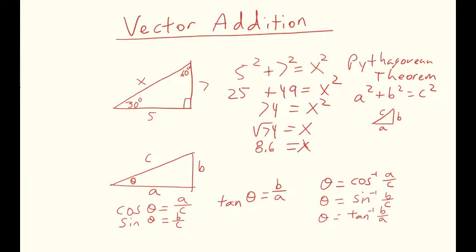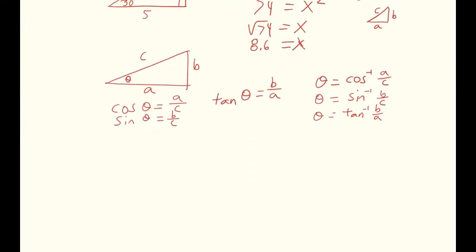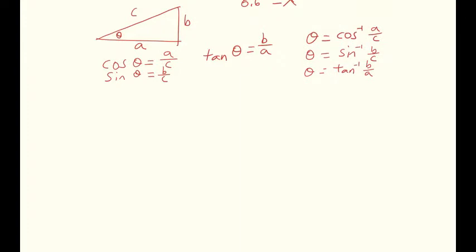Okay, so in this vector addition, we're going to be using the Pythagorean theorem, and then we're going to use some trigonometry to figure out the angle. The reason we do this in physics is that now we're going to be using two directions. Everything we've done so far has been one direction, and now we're going to move in two directions.